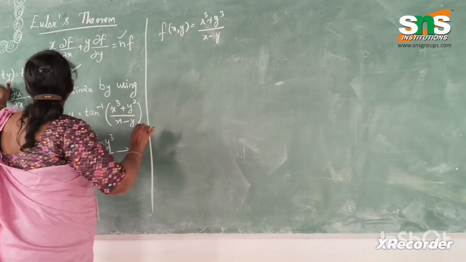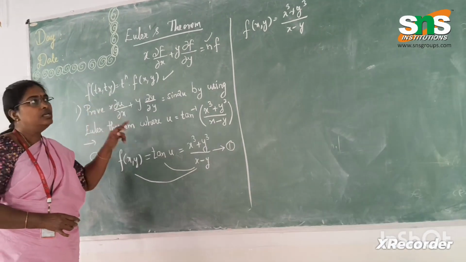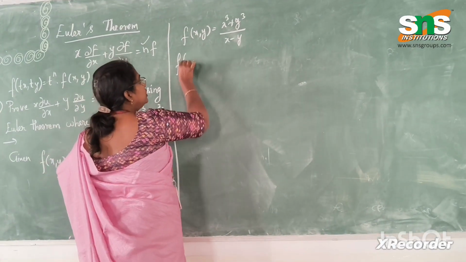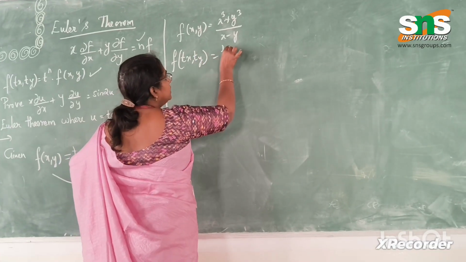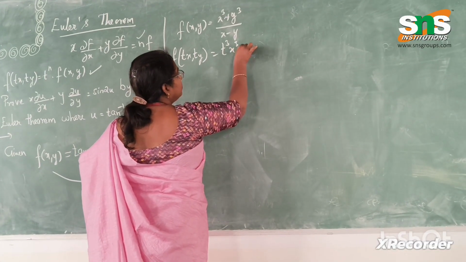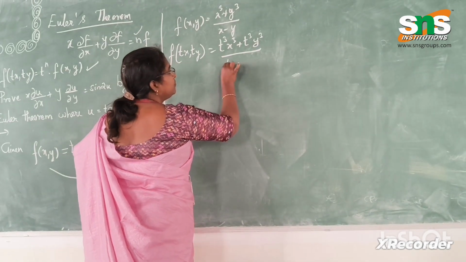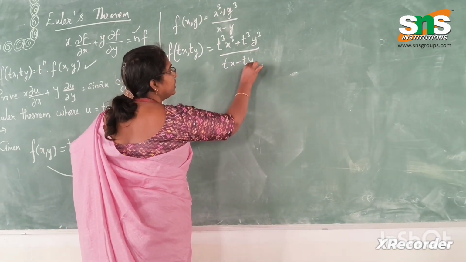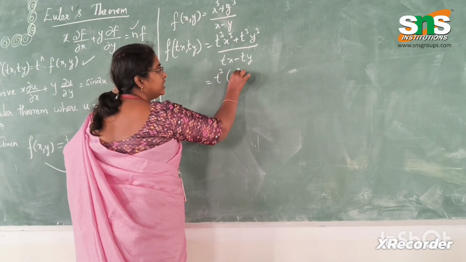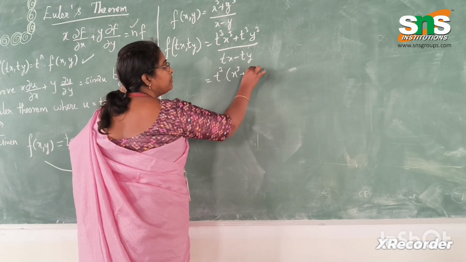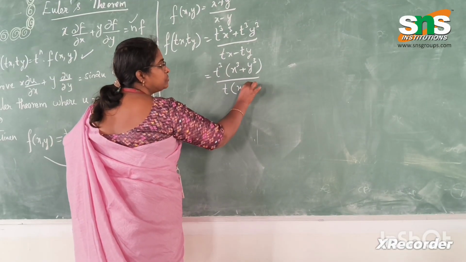Instead of x and y, we replace by tx and ty. So f of tx, ty equals t power 3 x power 3 plus t power 3 y power 3 divided by tx minus ty. Take t outside: t power 3 into x power 3 plus y power 3 divided by t into x minus y.